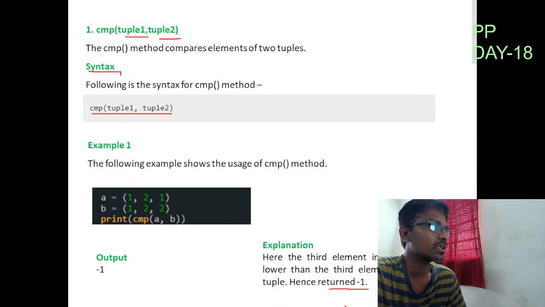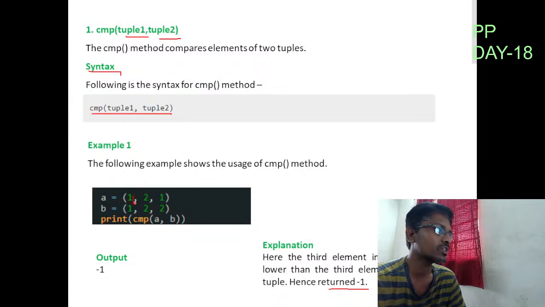Because according to the comparison, if tuple 1 values are greater than tuple 2, then it will output true, otherwise it will return false. In this example, these two are matching and these two are matching, and 1 and 2, so 1 is less than 2.